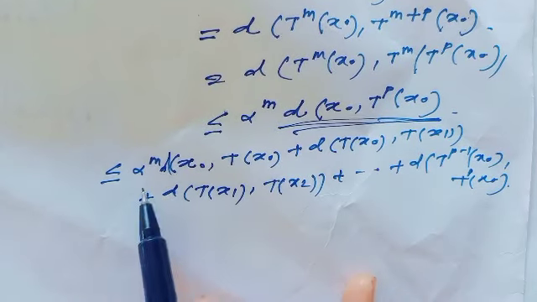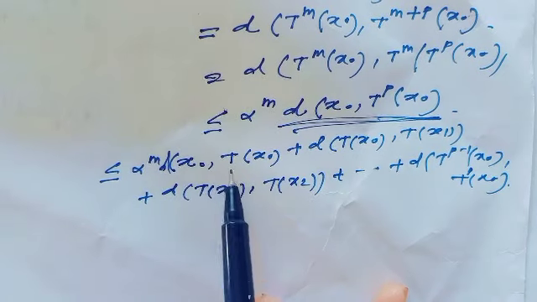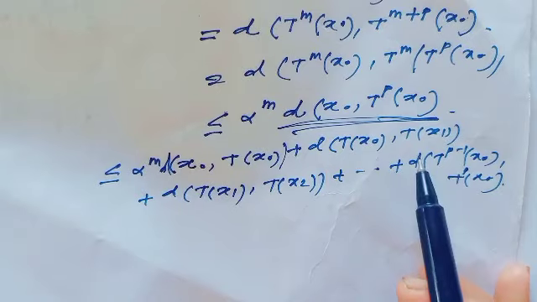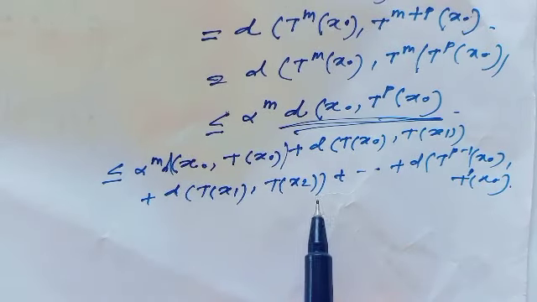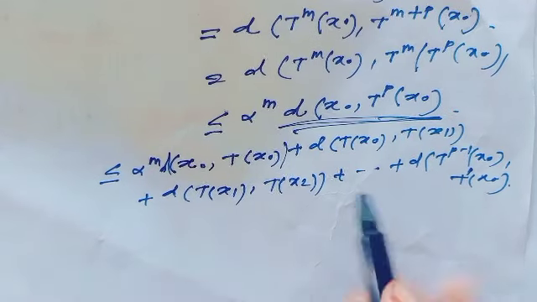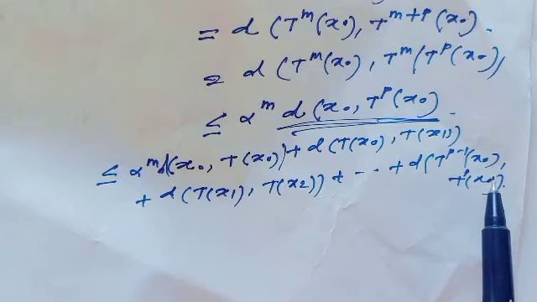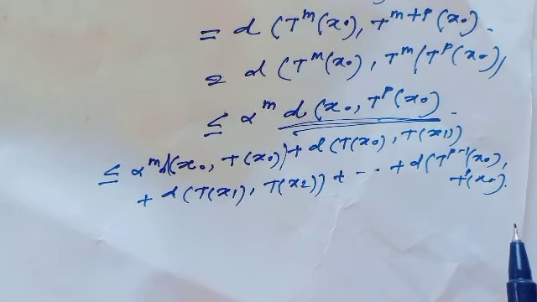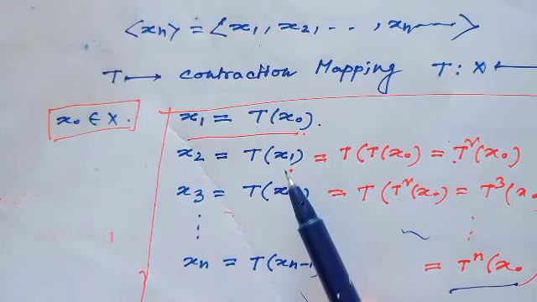We can write this as less than or equal to alpha to the power m times d of x naught comma T of x naught plus d of T of x naught comma T of x1 plus d of T x1 comma T x2, up to d of T to the power p minus 1 x naught comma T to the power p x naught. Okay, now use this inequality.